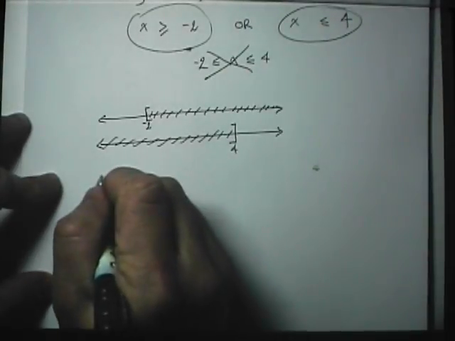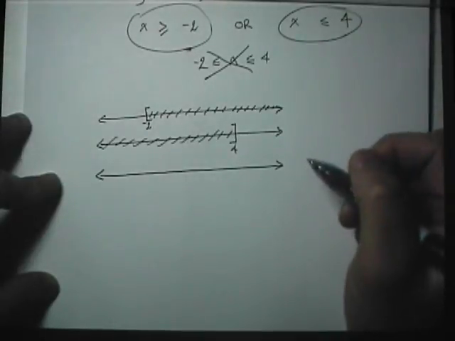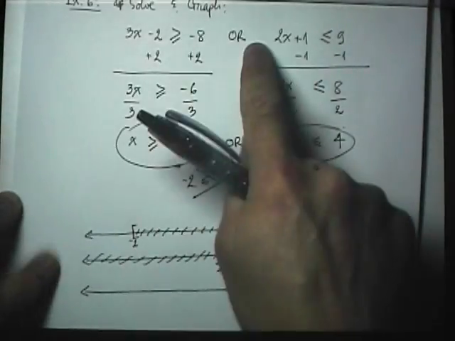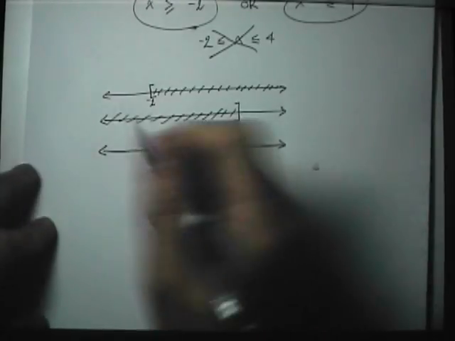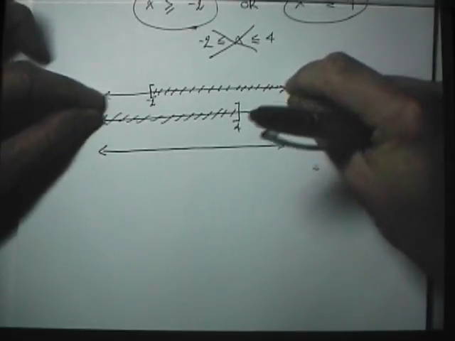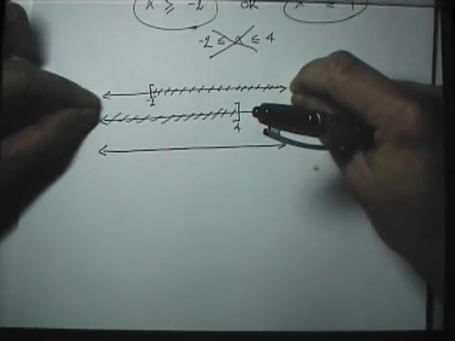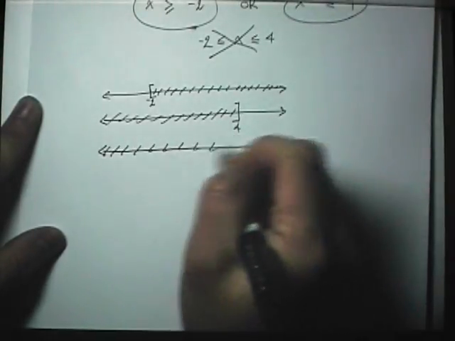And then the overall graphing: this time, any x value that works for one of these inequalities is going to be a solution. Because think about it, once again, when you superimpose the two lines together, the shading together is going to reach to infinity.